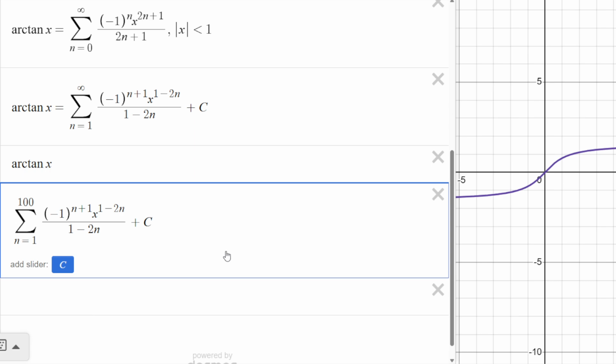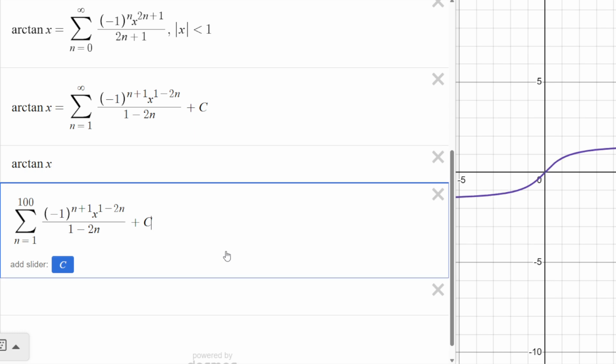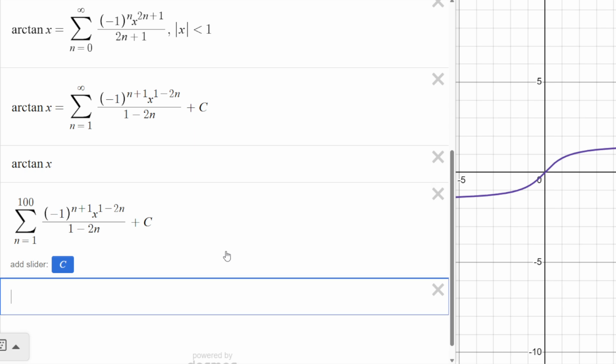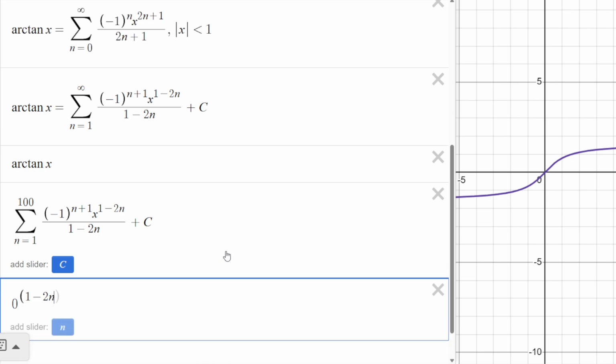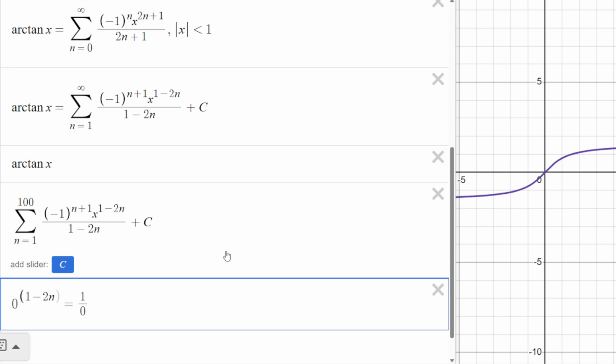And we can show that if we plug in x is equal to 0, what do we actually get? Well, we get 0 for arctangent x, but 0 to the 1 minus 2n is equal to 1 over 0 to the 2n minus 1.